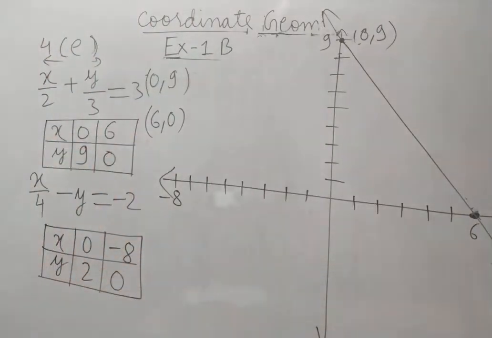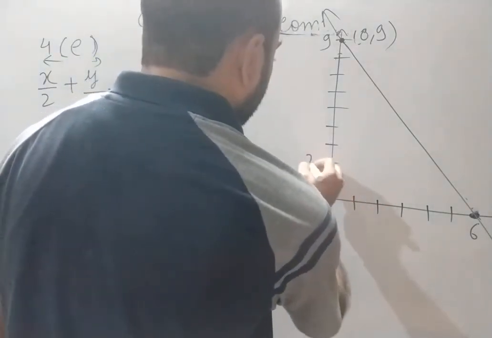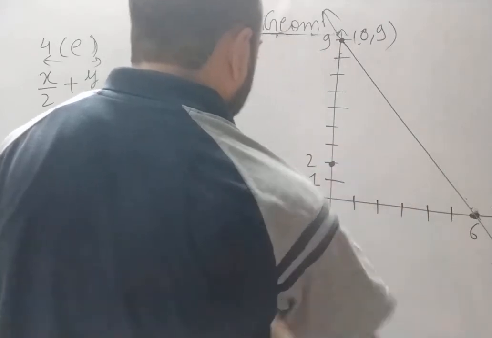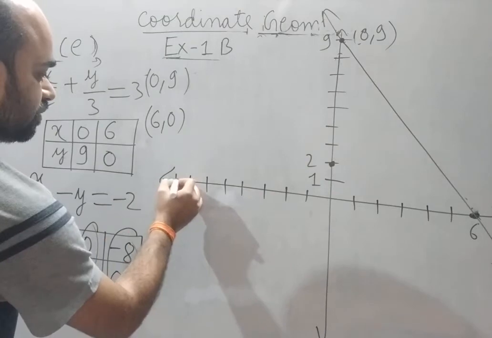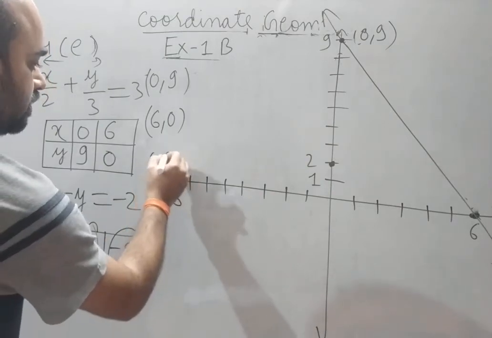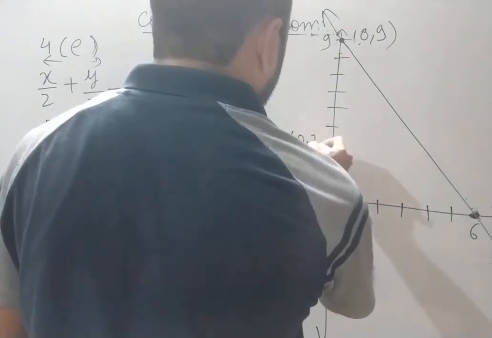First line drawn. Now the second one is 0, 2. See, 0, 2 means 0, 2, 1, 2. So this is 0, 2. Next one is minus 8, 0. So this is minus 8, 0 and this is 0, 2.